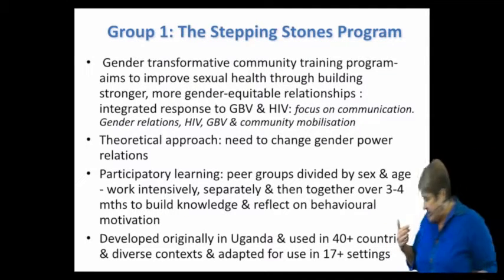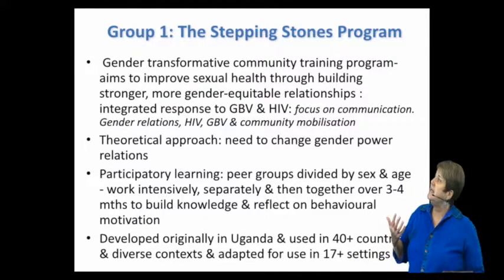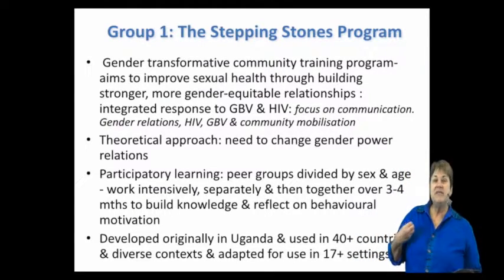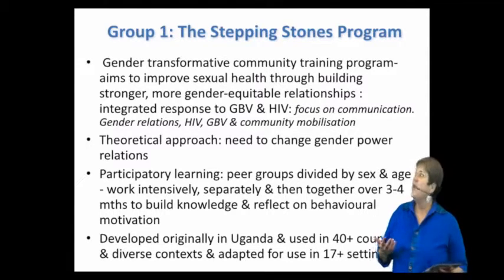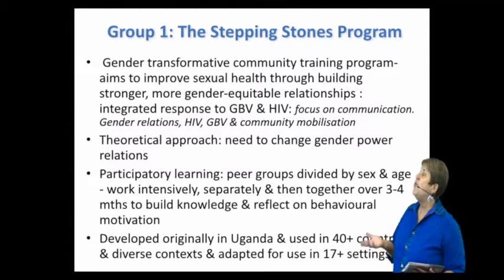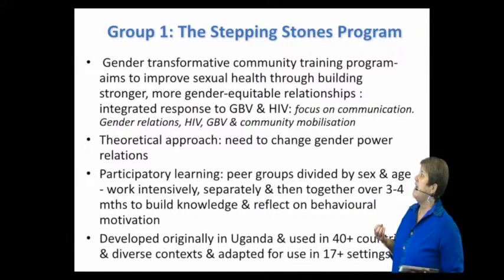It was really aimed at being gender transformative. In other words, trying to change some of the basic structural things. It's aimed to improve sexual health through building stronger, more gender equitable relationships, and it wanted to impact on gender-based violence and on HIV.